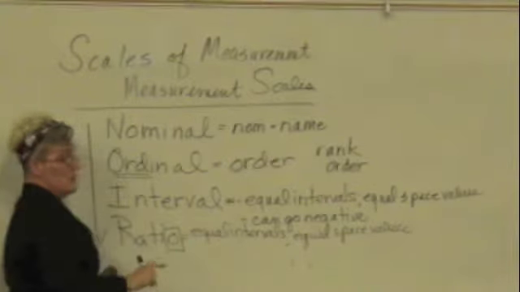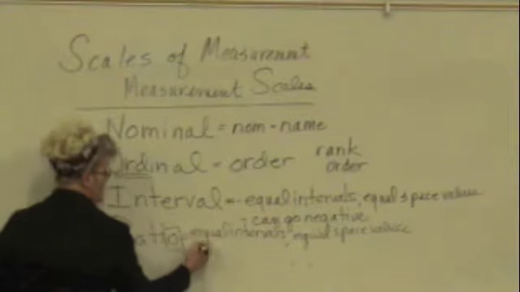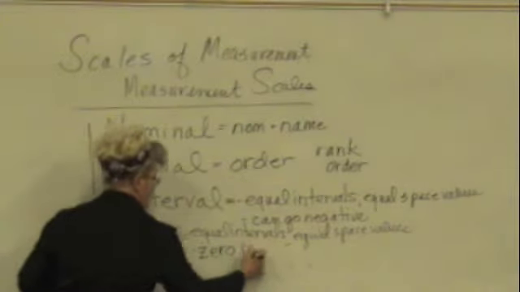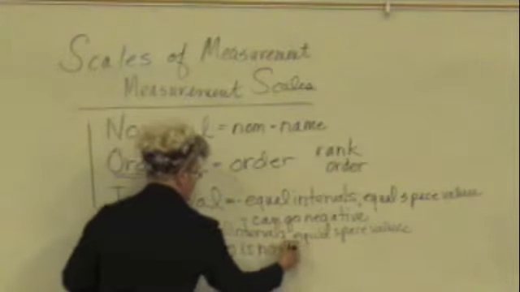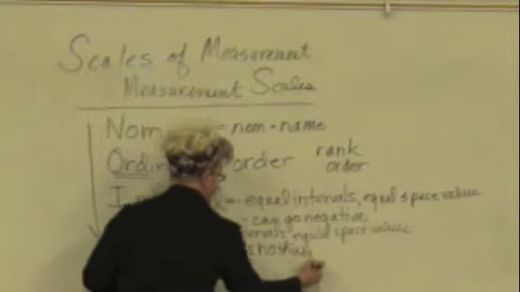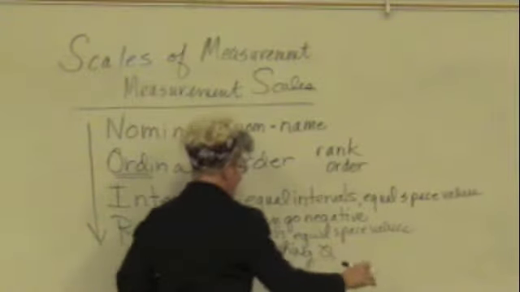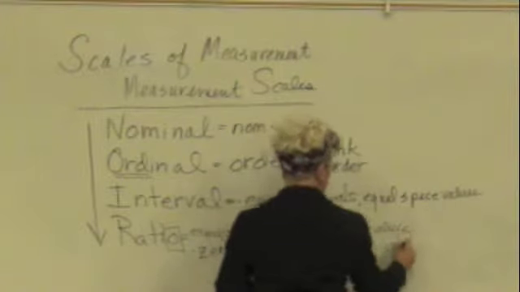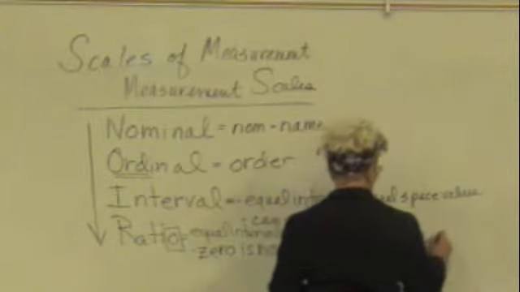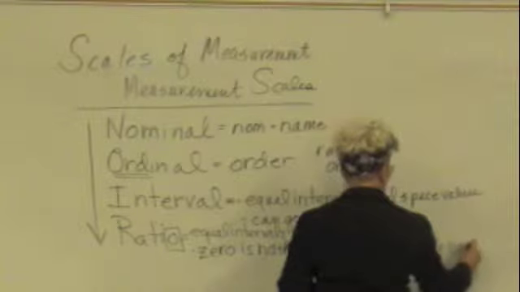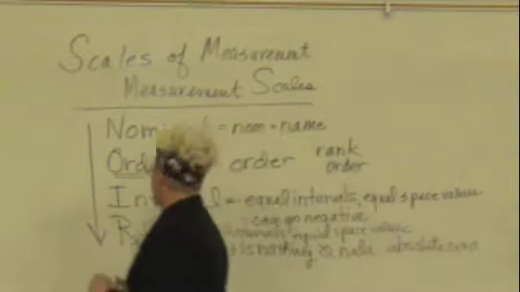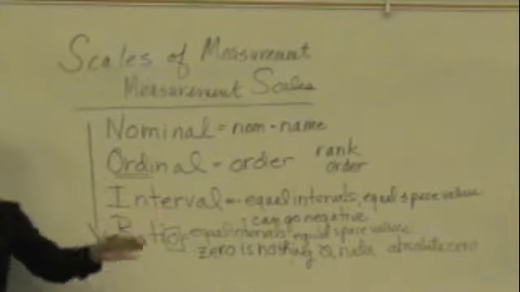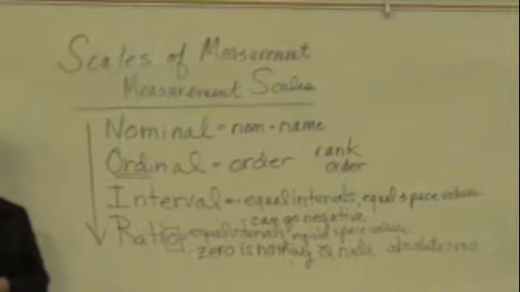That helps you remember that the ratio 0 is nothing. Nada, nothing there. It's empty. It's what we call an absolute 0, so it can't go negative. 0 means absence. We're done. It ends at 0.